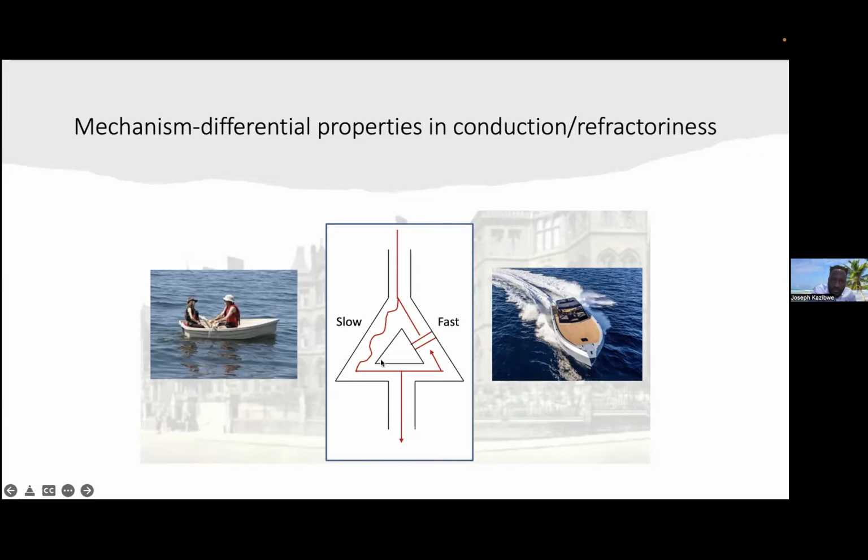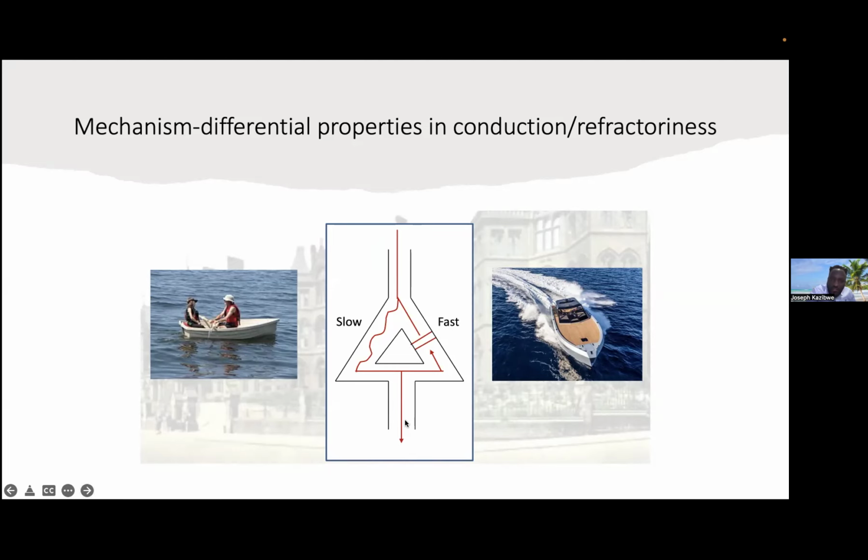So if you conceptually look at the AV node as a roundabout, one side it conducts very fast, the other side it conducts slow. So here is the atrial system, AV node, and here down we are having the ventricles.